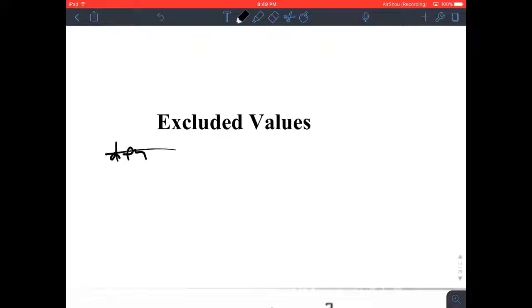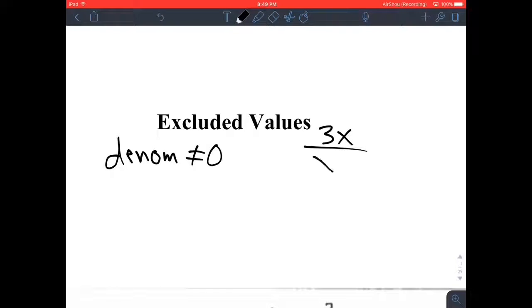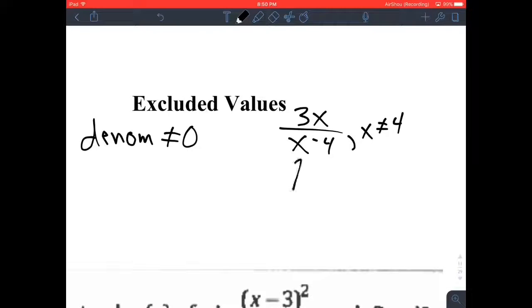Your denominator cannot be 0. So for example, if we had a problem like 3x over x minus 4, our excluded values would be x equals 4. X can't be equal to 4. Because if you put a 4 in here for x, 4 minus 4 is 0.